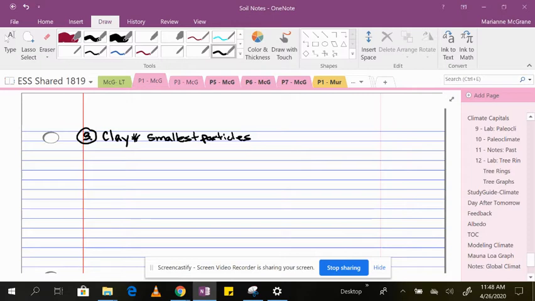So smallest particles, least amount of air, least airspace, so not very good if you need roots that need to really breathe, and it holds the most water. So you got to be careful with soil that's got high clay content, because you can go ahead and drown your roots.